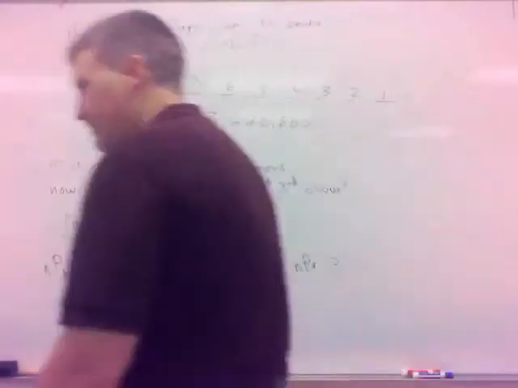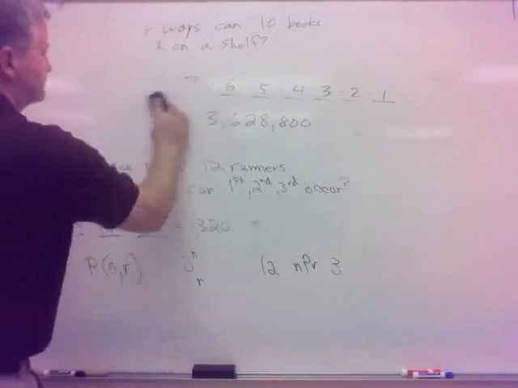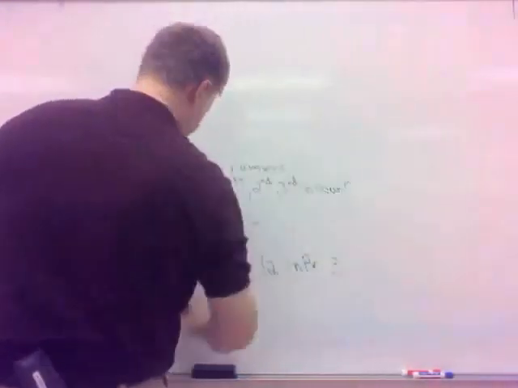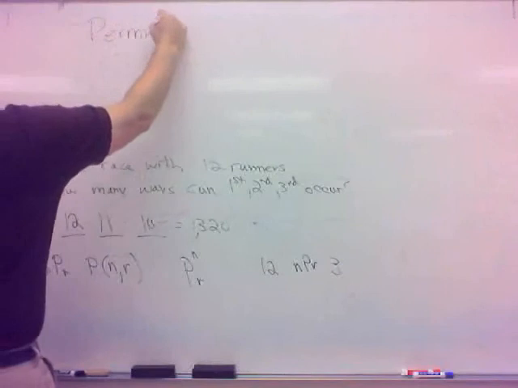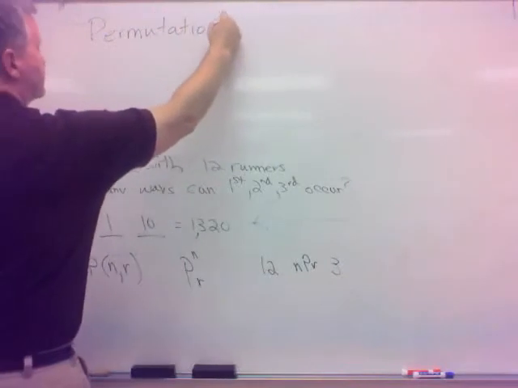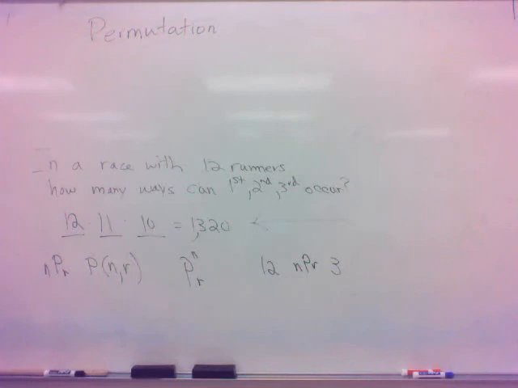Okay? Should get 1320. This is what's called permutation. The P stands for permutation. P-E-R-M-U-T-A-T-I-O-N-S. This is what's known as a permutation.